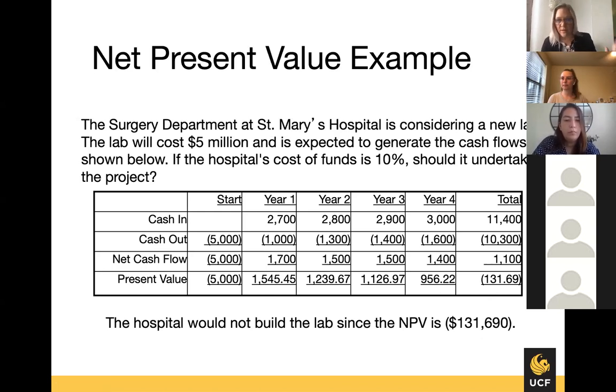And so if I were your financial advisor, I would advise you against this investment unless some other things are able to be changed, like you can raise the price to bring in a little bit more income, or maybe that initial investment can come down in cost, or maybe just the maintenance costs over time can be reduced.